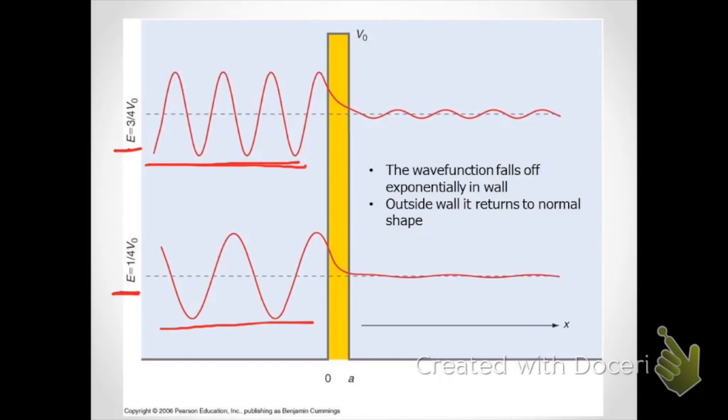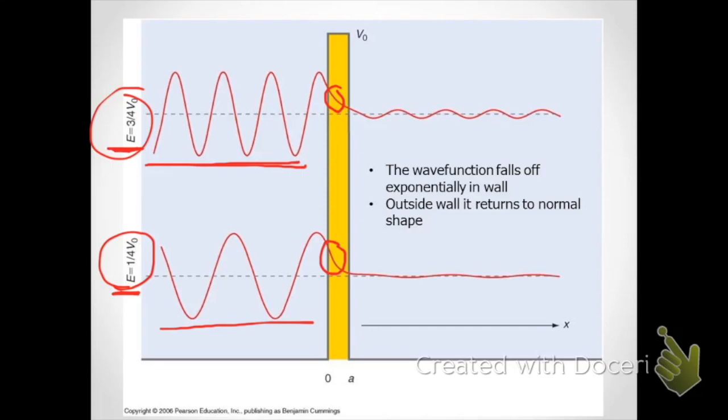And we get inside the wall this exponential decay that we talked about in both cases. But again, as we noted before, as the energy gets closer to the potential energy, the falloff is slower. So when the energy is 3/4 V0, it falls off more slowly than when it's 1/4 V0, as we see here.